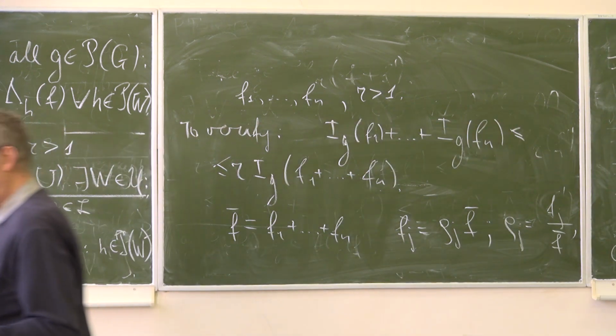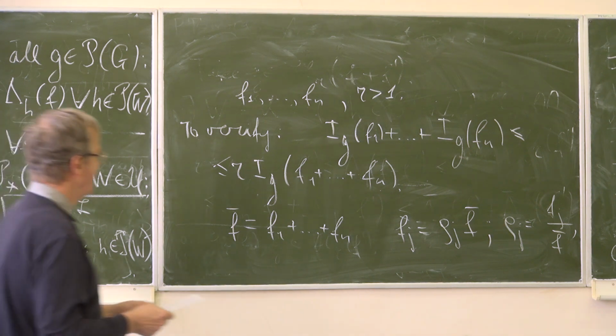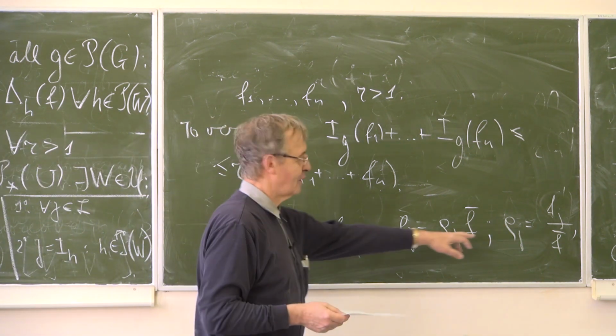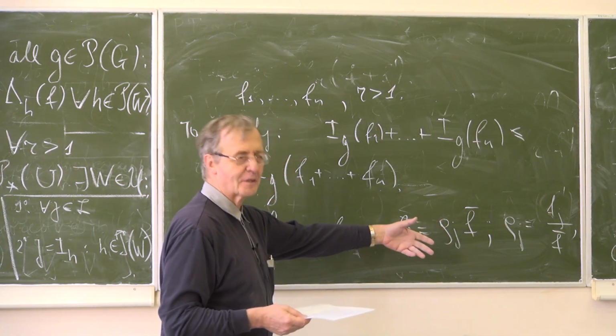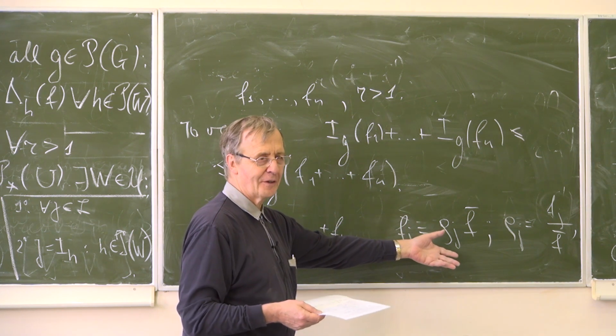The problem is that if you do this, the function rho j is probably discontinuous, and we are going to apply something like this to this function rho j, but this is applied only to continuous functions, so this is some obstruction.